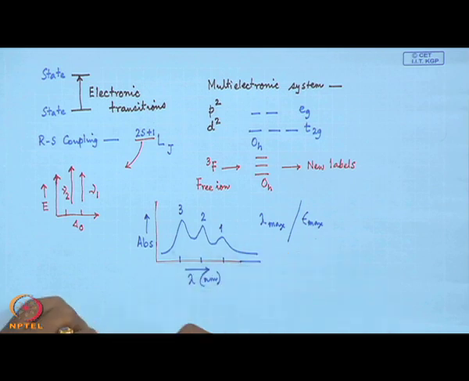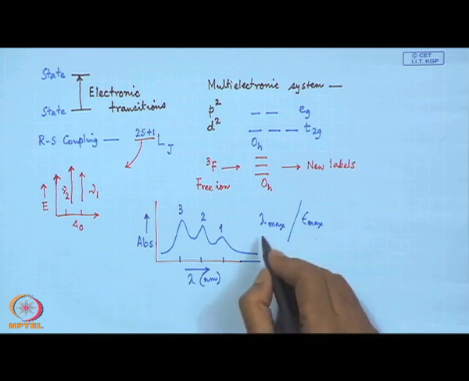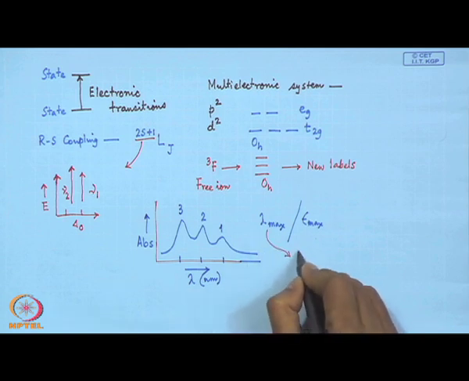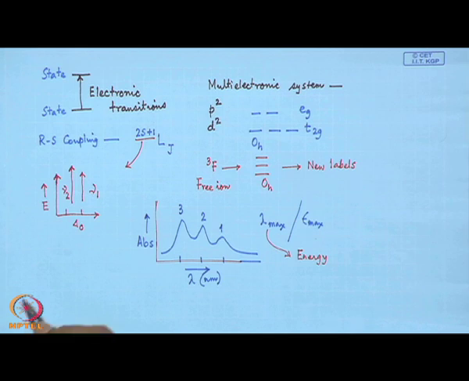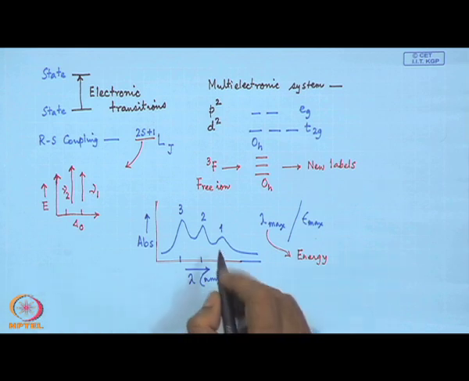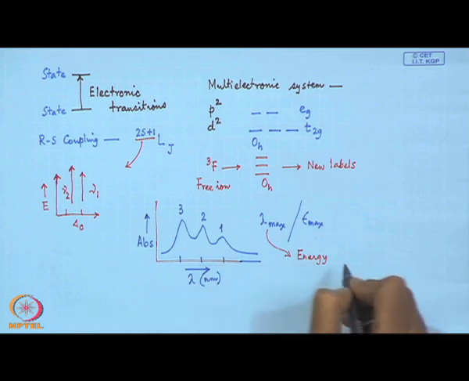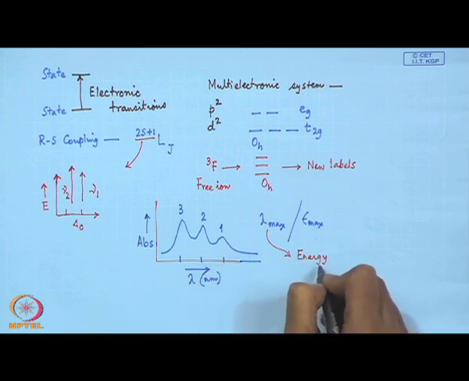So, the lambda max values give us some idea about the energy packet which is required for a particular electronic transition. Since Orgel diagrams are not very quantitative, we cannot precisely calculate the energy values.